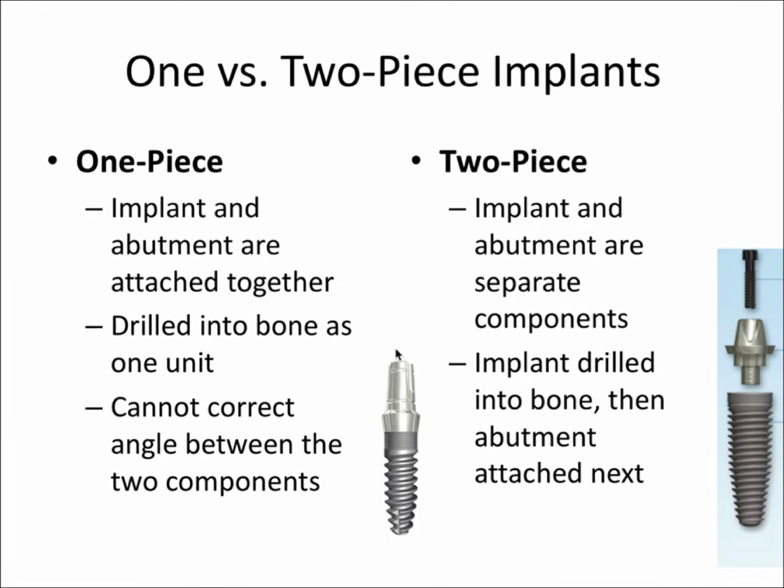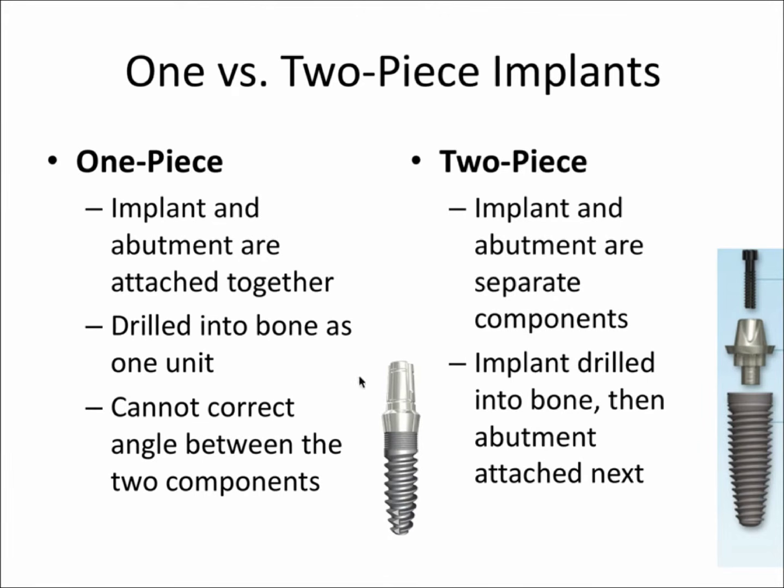And so with this whole component, we don't even have an abutment screw, we just have the abutment and the implant combined together, and they're drilled into bone as one unit. And one helpful way to view the abutment component is as the quote-unquote crown prep of this metal tooth. It's like the metal crown prep that the implant crown will sit onto.